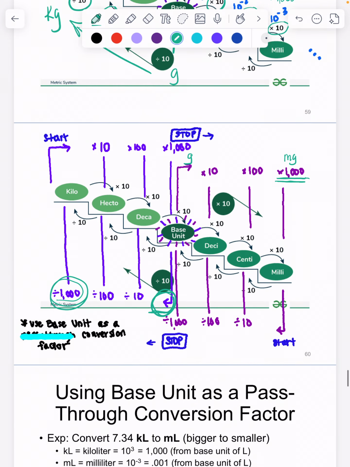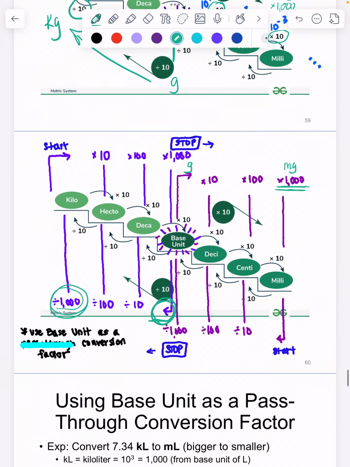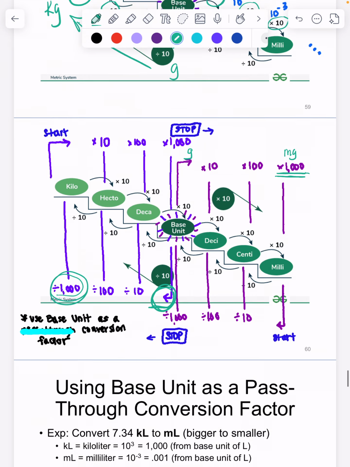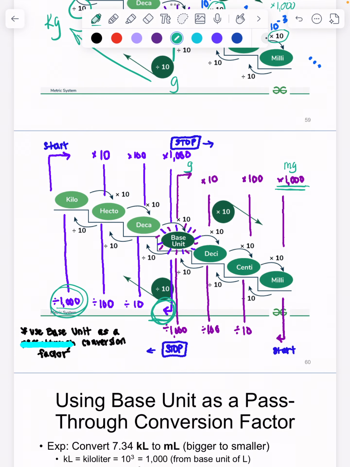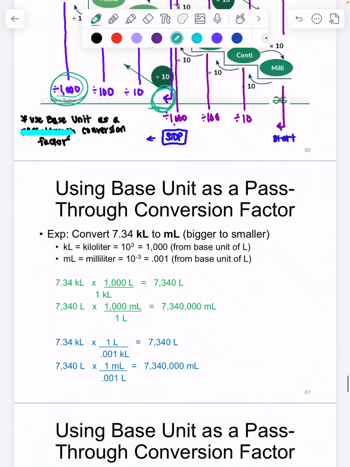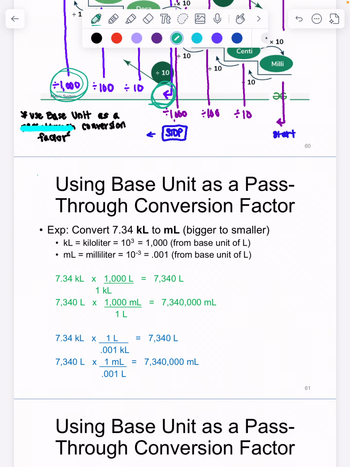But first, there's two different ways that we can do dimensional analysis. So I'm going to go through these couple slides that were at the end of our very first PowerPoint lecture. The first way that we can do this is we can use our base unit, which is whatever is sitting at 10 to the 0, as a pass-through conversion factor.